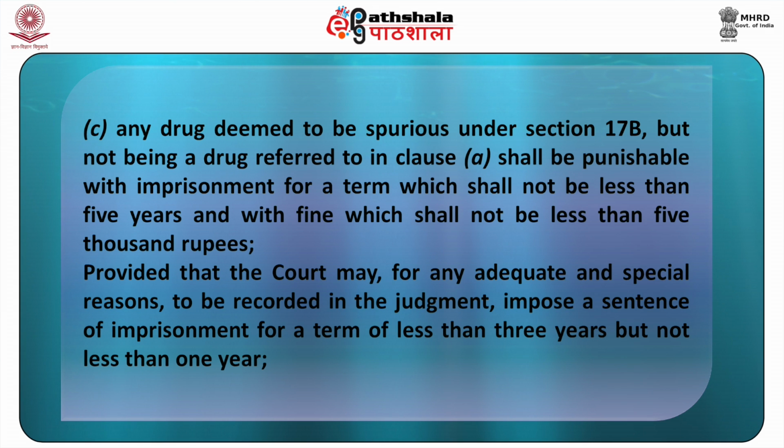Provided that the court may, for any adequate and special reasons to be recorded in the judgment, impose a sentence of imprisonment for a term of less than 3 years, but not less than 1 year.